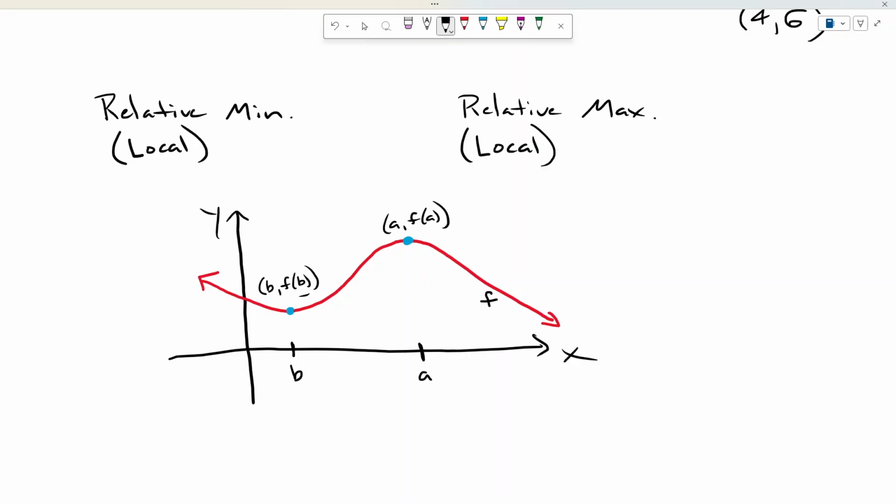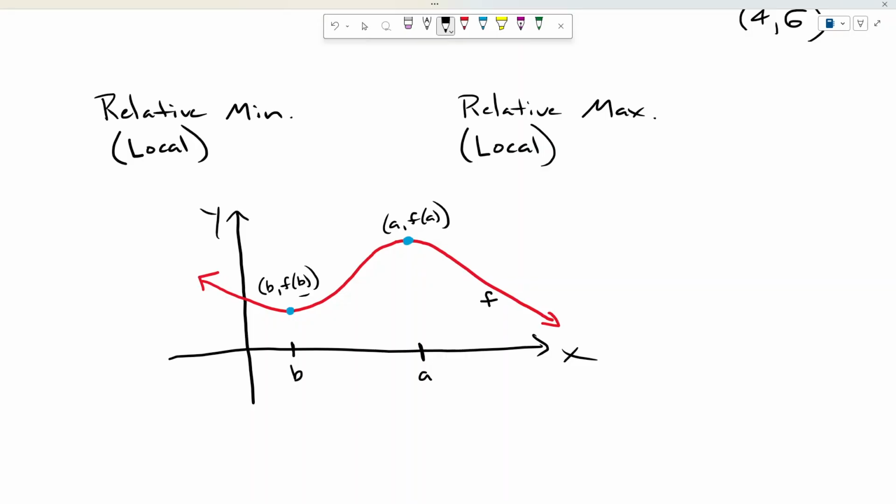But what are we really saying here? The key word is relative or local, whichever you're using. All we're doing is simply comparing it to the points around it. We're not talking about a minimum or a maximum of the entire function necessarily.